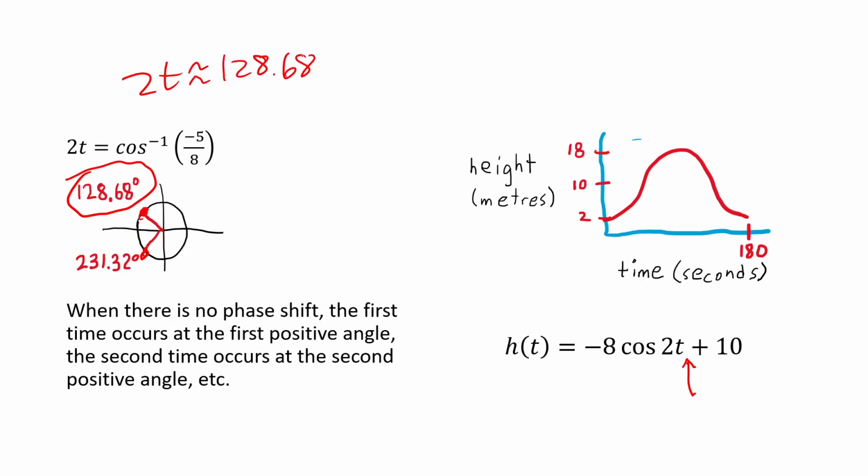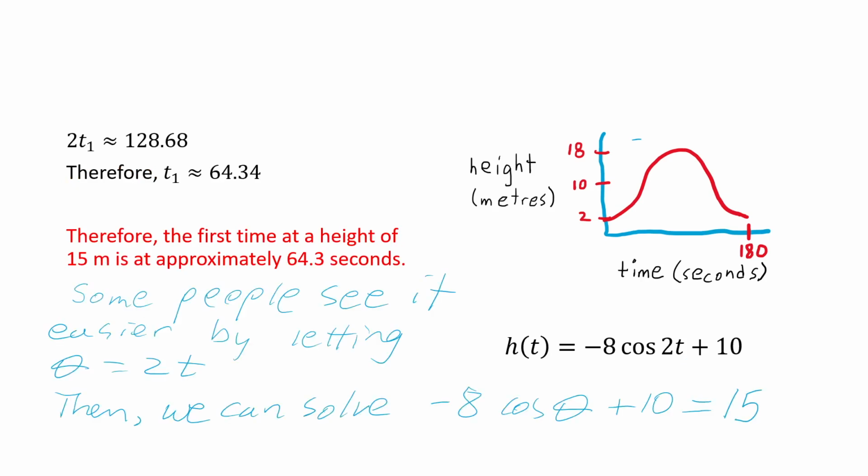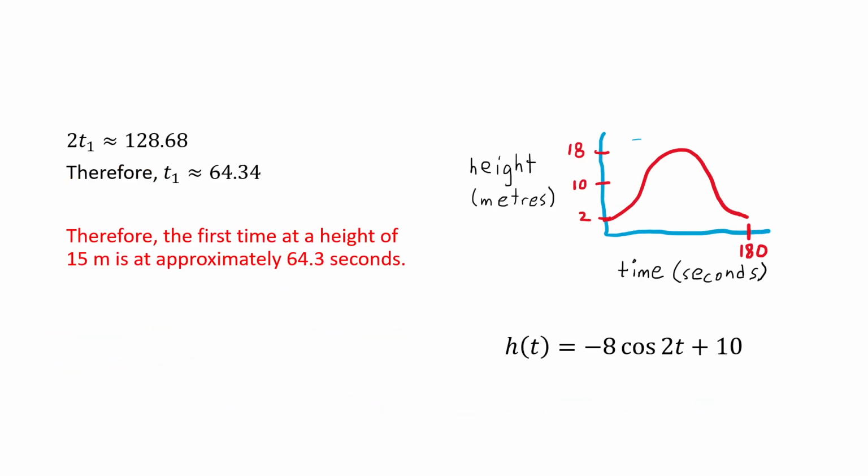Since that's the first positive angle, then it's also the first positive time. So we can say 2t1 is roughly 128.68, in other words, the first positive time. Dividing both sides by 2, we see t1 is roughly 64.34. So the first time she's at a height of 15 meters is at approximately 64.3 seconds.